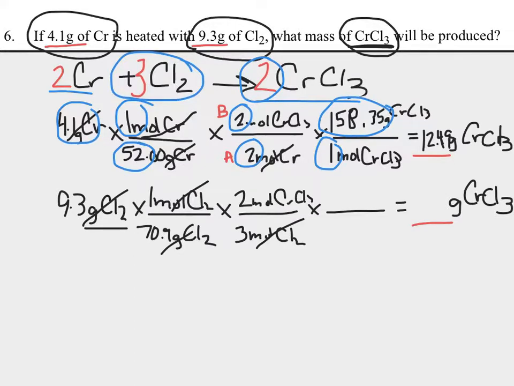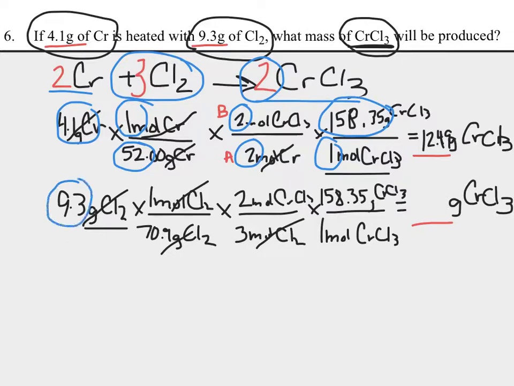I'm left with moles of chromium chloride. Last thing I'm going to do, just like in the step up here, I'm going to take 1 mole of chromium chloride, and I know that it's 158.35 grams of chromium chloride. Again, I found that number by adding up 1 chromium plus 3 chlorines. Again, you want to multiply the top.